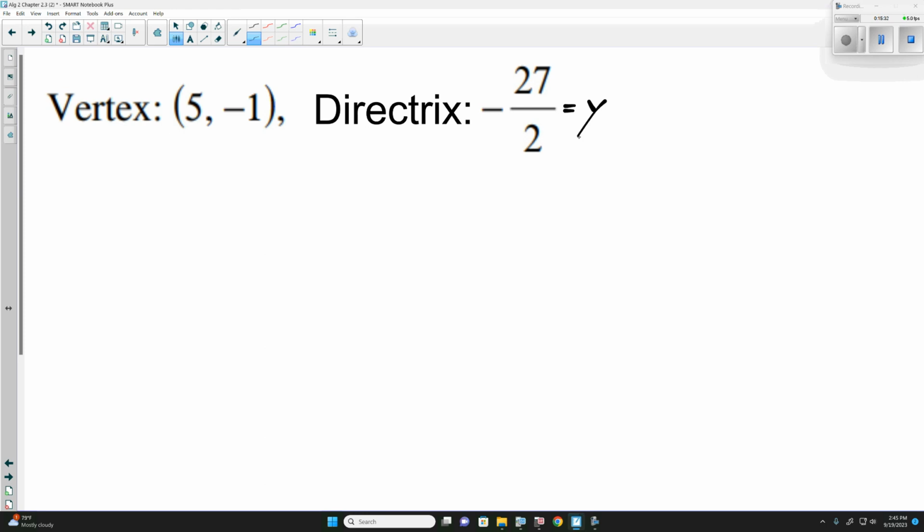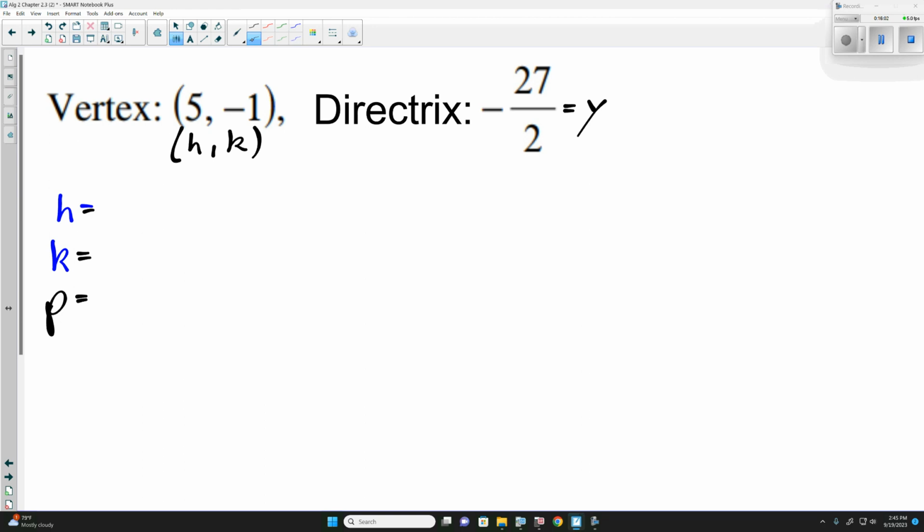Now again, with any of these, finding the equation, we still need the values of h, k, and p. And again, the vertex is still h, comma, k, because those are universal.